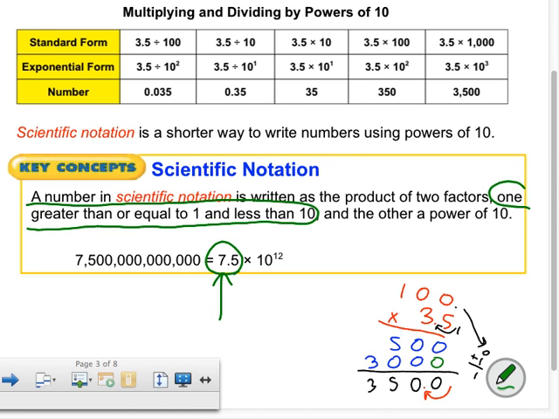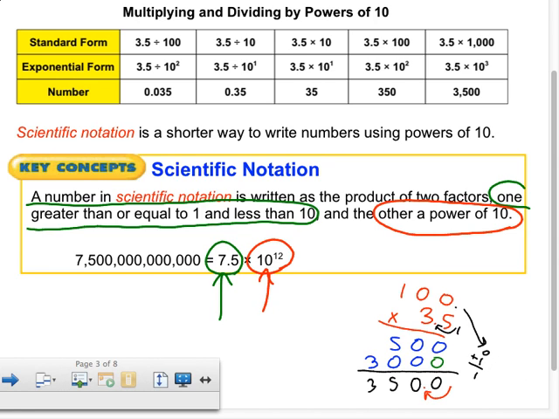Got that? I'm trying to get you guys to understand what the key concept's saying. Here's an example. The other factor is a power of 10.